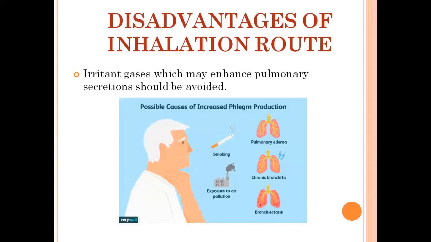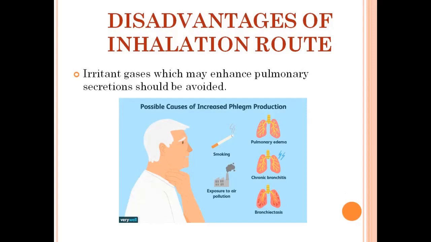What are the disadvantages of the inhalation route? The disadvantage is that it can cause an increase in the pulmonary secretions. Okay, and such gases should be avoided. Even when you take smoking, see, nicotine is also a drug which is present in the cigarette.